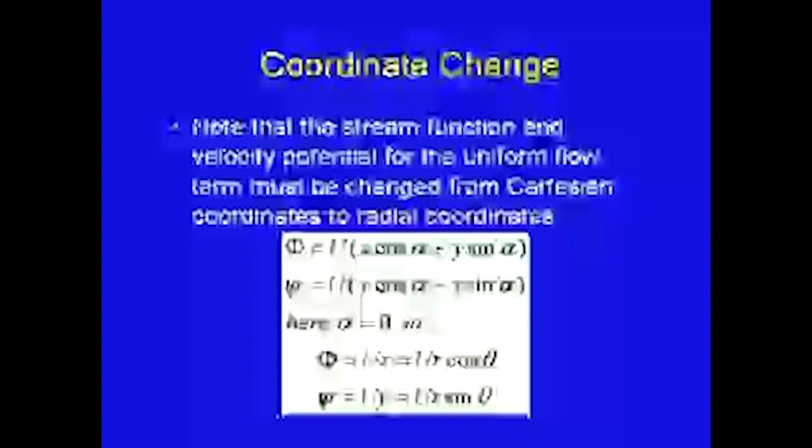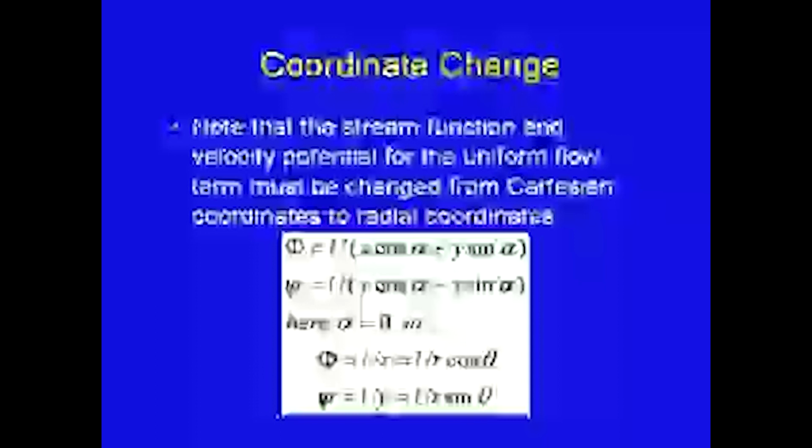So the stream function and velocity potential for the uniform flow are written in Cartesian coordinates: phi is equal to u into (x cos alpha plus y sin alpha), and psi is equal to u into (y cos alpha minus x sin alpha). If alpha is equal to 0, as in the previous figure, then phi is equal to ux, that is ur cos theta, and psi is equal to uy, that is ur sin theta.